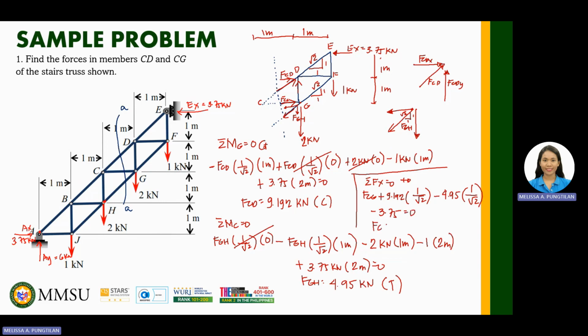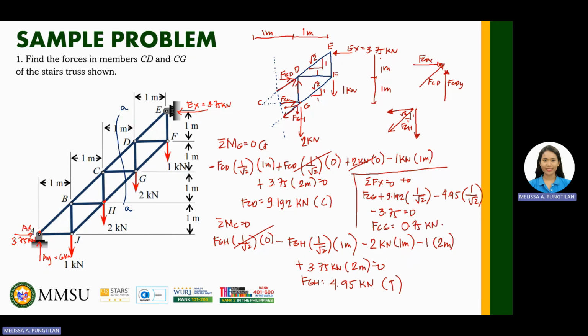Therefore, FCG is equal to square root of 2 minus 3.75. So we have 0.75. FCG is equal to 0.75 kilonewton.